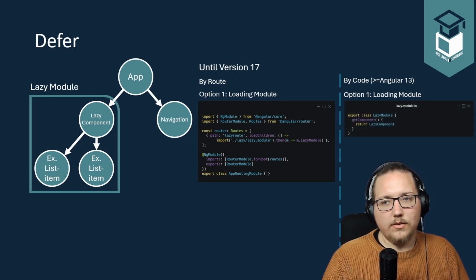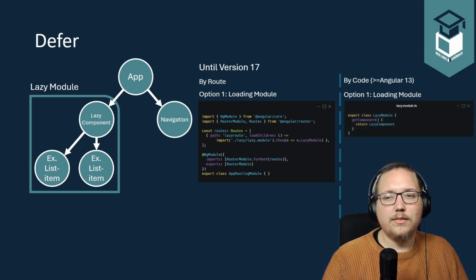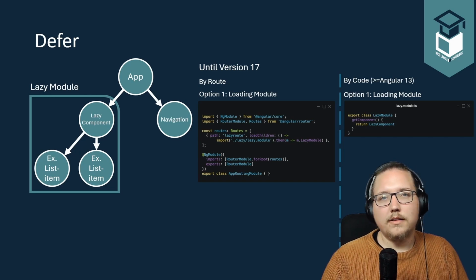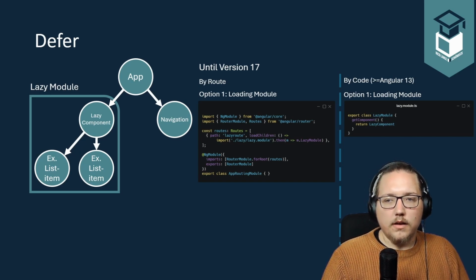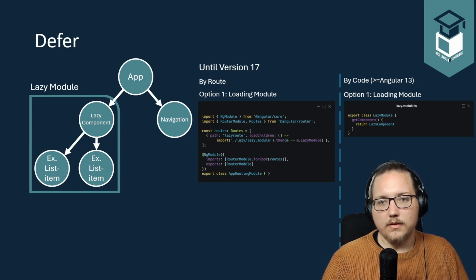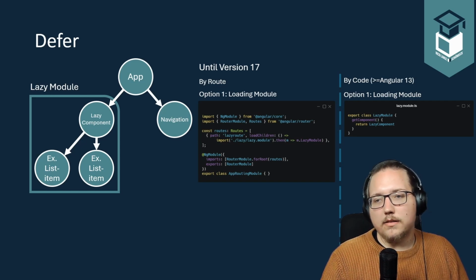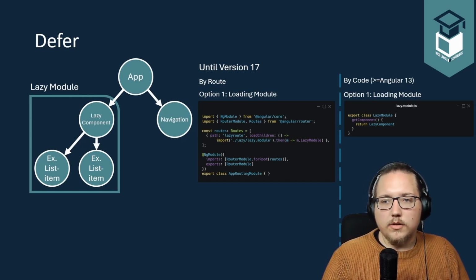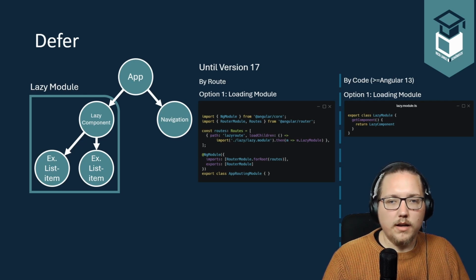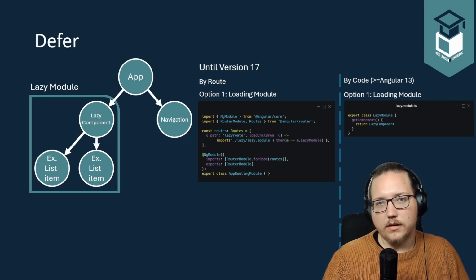Then we take a look at how we earlier lazy loaded a module in code. So here we have a lazy module, same as the route way, and that contains a function named getComponent, which provides the component that should be rendered when the module gets loaded.